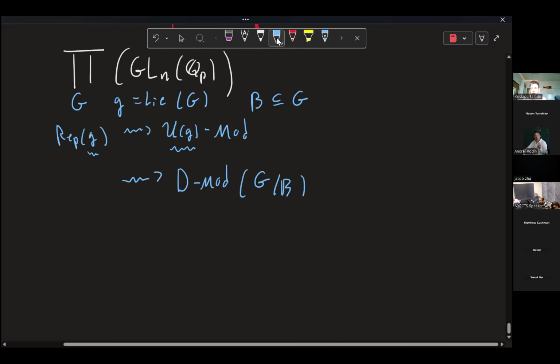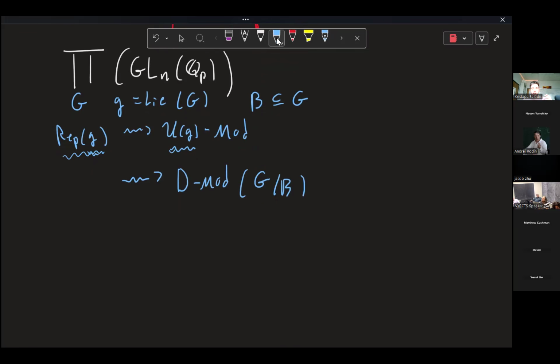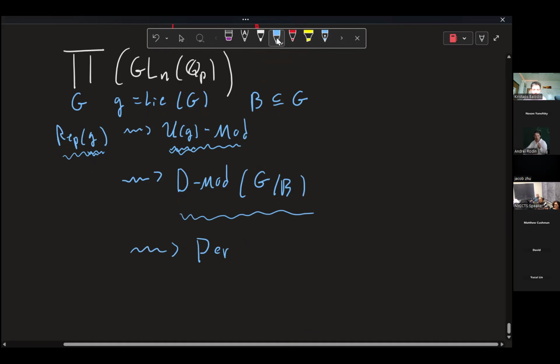So the classical Kazhdan-Lusztig hypothesis goes like this. It says, I want to study representations of my Lie algebra, but actually those are modules over my universal enveloping algebra. But actually, those are just things that have some sort of action of differential operators, which we essentially call a D module. And then finally, the famous Riemann-Hilbert correspondence says, well, actually, D modules are the same thing as perverse sheaves.